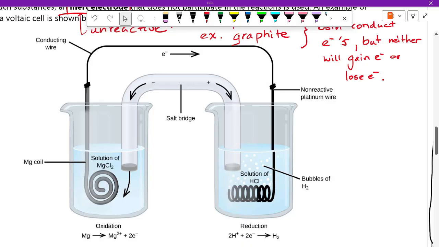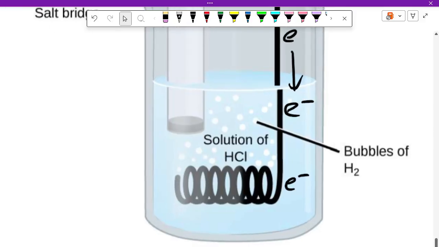Why do I have a platinum wire? And you're thinking, is the platinum going to be reduced? Is it going to be oxidized? If you don't know that it's an inert electrode that is only there so that the electrons can come down into the wire, right? And you got HCl in the solution.